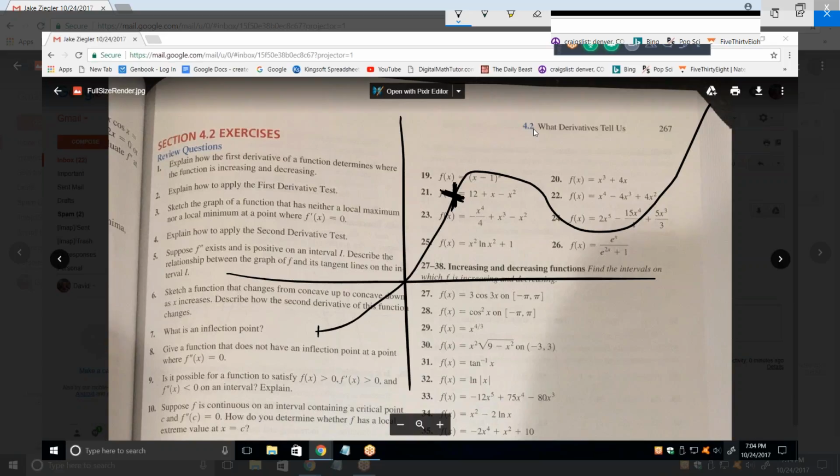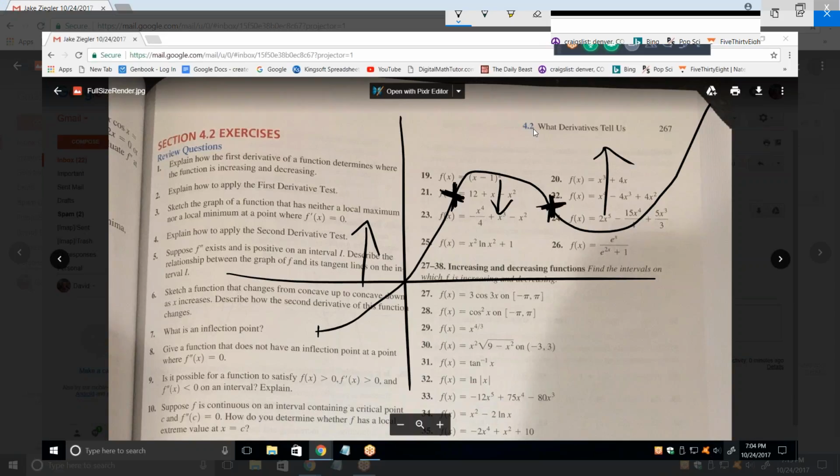When you go from concave up to concave down, there's always an inflection point. Has to be. You can't get from up to down without an inflection point. Now, about here, it changes again. That's concave up again. So there's another inflection point right there.